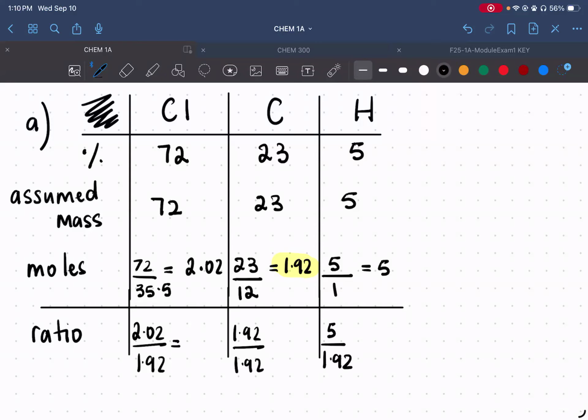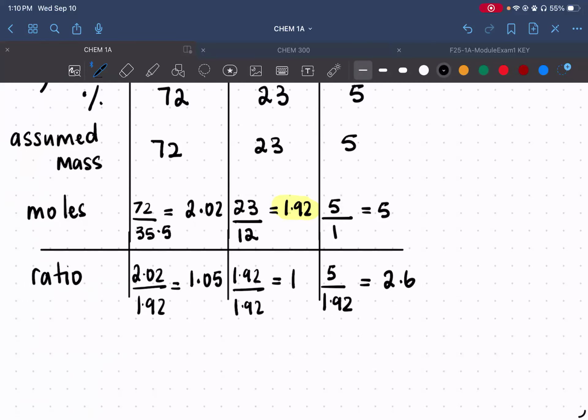In the first case for chlorine, 2.02 divided by 1.92 is approximately 1.05. Any number divided by itself is just a flat 1. And then finally, 5 divided by 1.92 is 2.6.